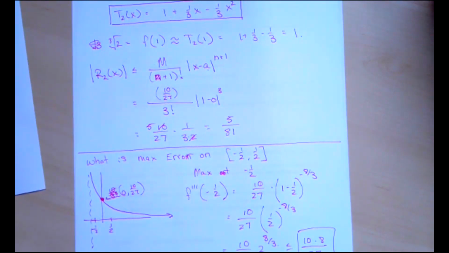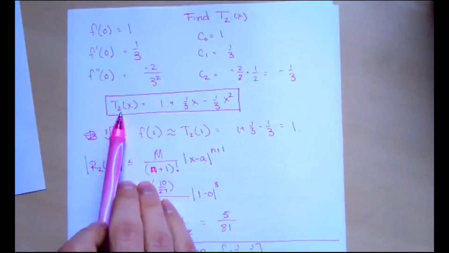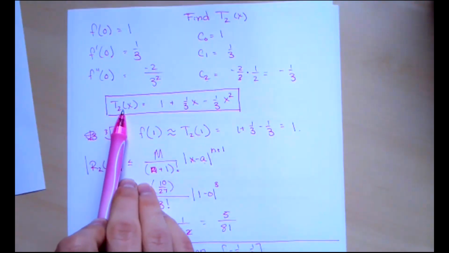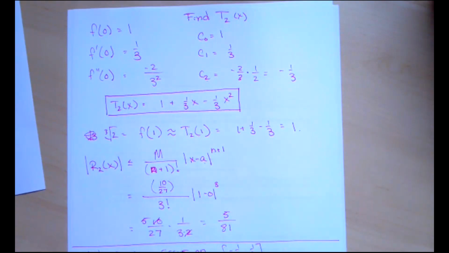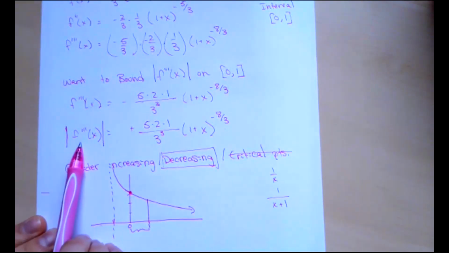Sorry, so m is the maximum value of the n+1 derivative, correct? Exactly. And so that's how you're getting that 18 over 27, it's just the next derivative and the maximum value of it. Yeah, exactly right. We took a degree 2 polynomial, so our next derivative is the third derivative, which was this guy.